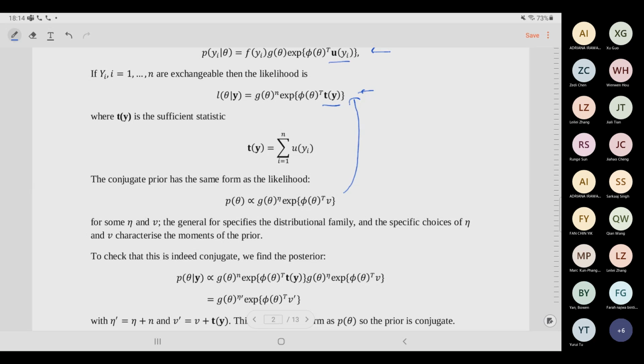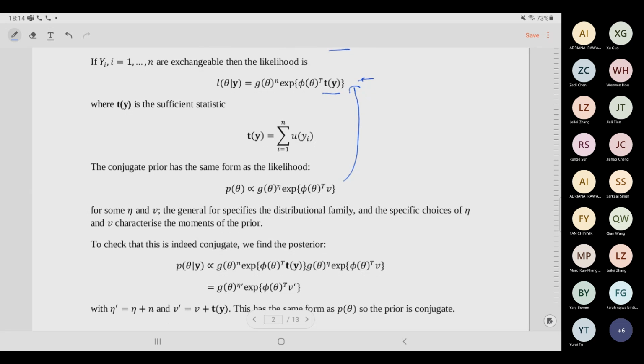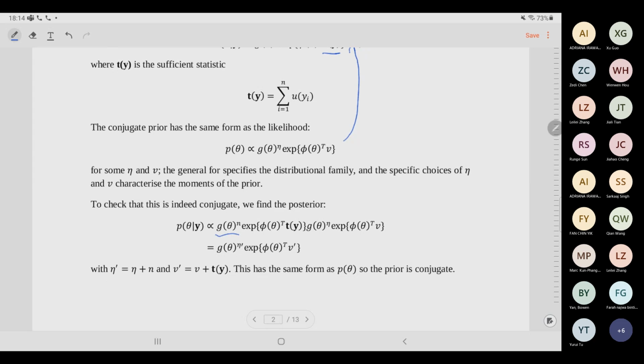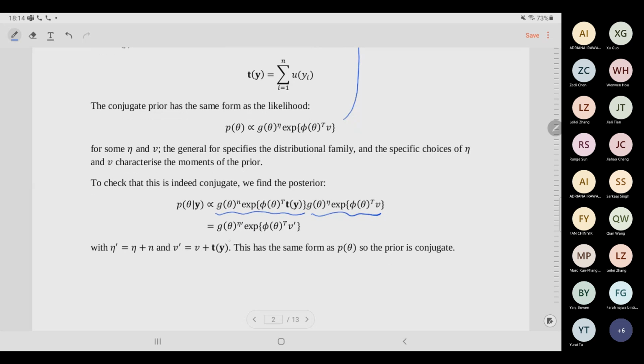Okay, so if we multiply your prior with the likelihood to check what is the distribution of your posterior, you can see that it's going to be a function g of theta to the power of some new constant, and then your v dash is going to be v plus your sufficient statistic t of y.